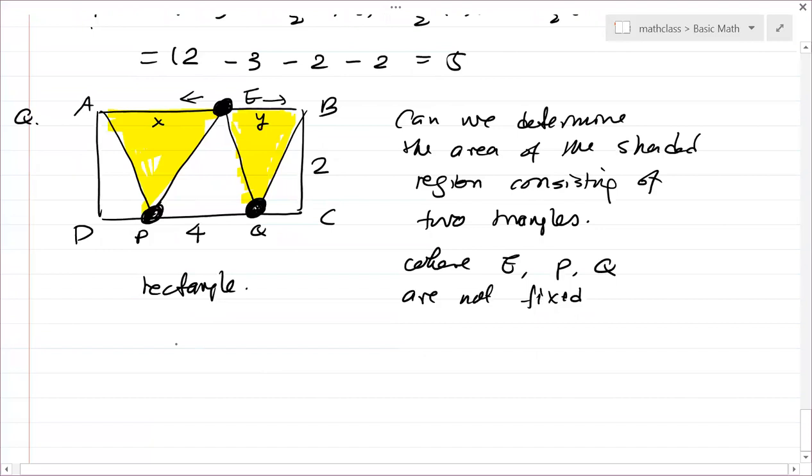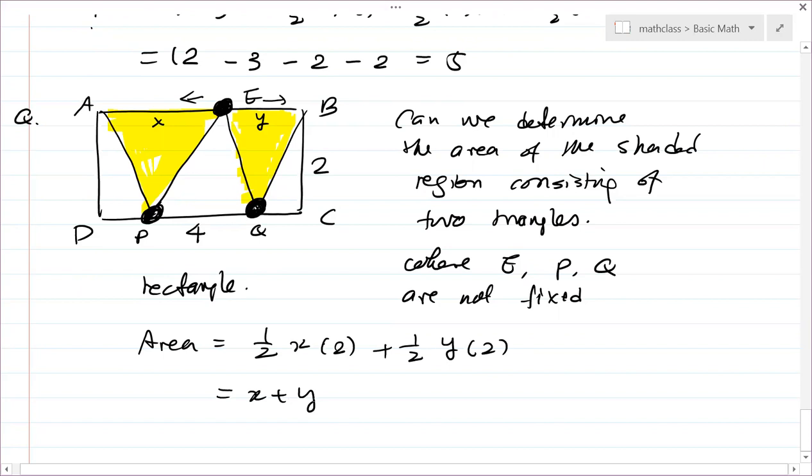So I know the area is going to be half of the first triangle, X times the height, which is 2, right? Second one is Y times 2. After simplifying, I just get X plus Y, right? That is the area of the 2 triangles. So if I cannot determine the sum X plus Y, then I say that the area cannot be determined.